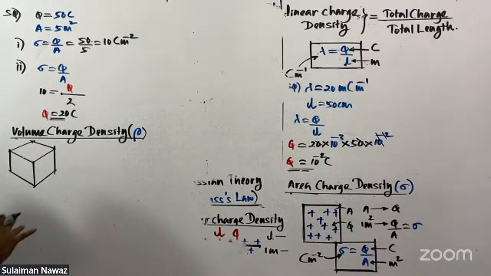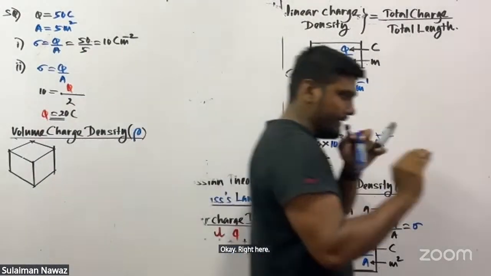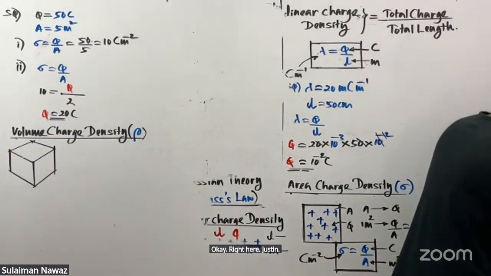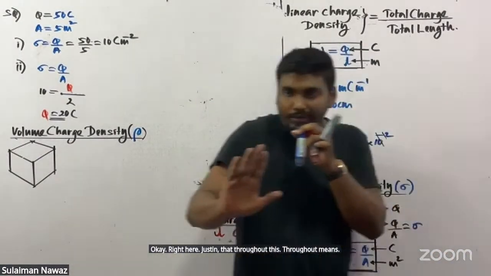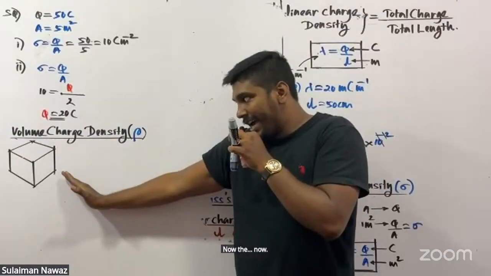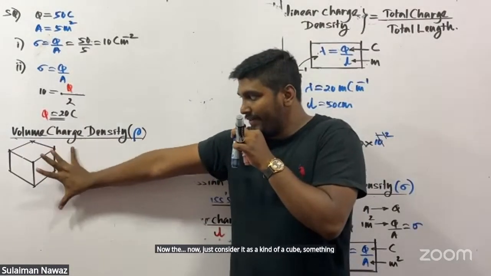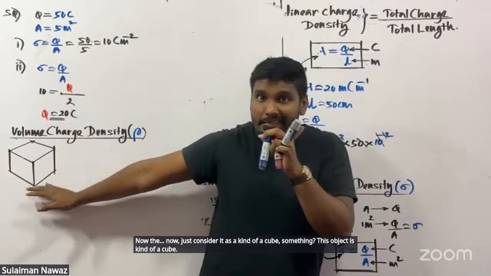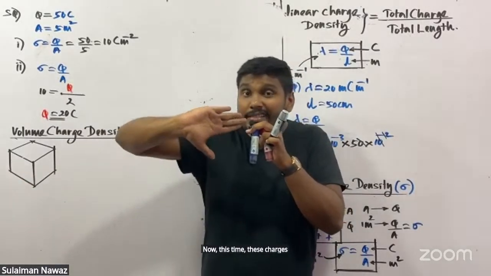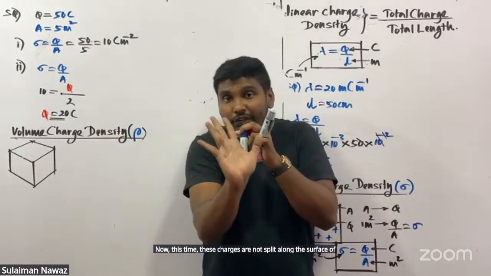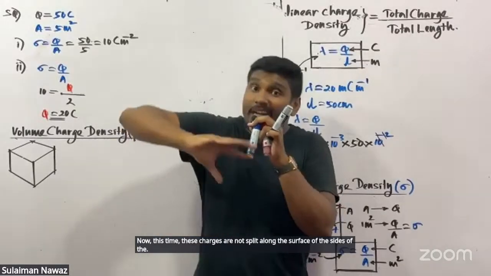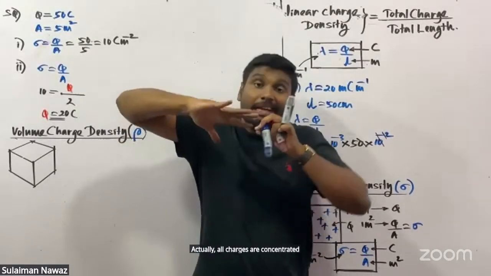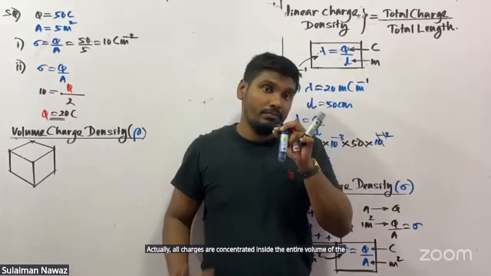Just consider the object as a kind of cube. This time the charge is not spread along the surface of the sides of the cube. Actually, all charges are inside the entire volume of the cube.